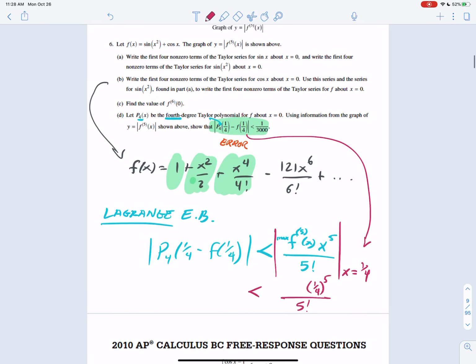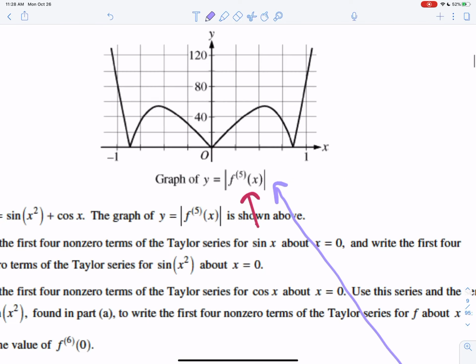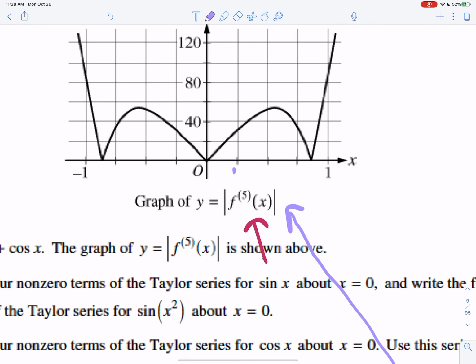Okay, they conveniently gave us a picture of the 5th derivative. All right, so let me draw some arrows here so you can see. The maximum of the 5th derivative is shown in this graph right here. At 1/4, 1/4 is right there.